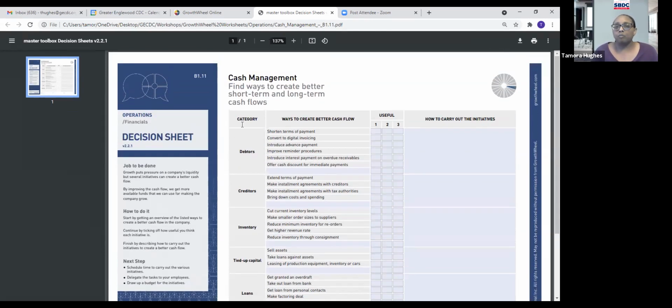Based upon your thoughts as far as cash management, are you looking at better ways for cash management?